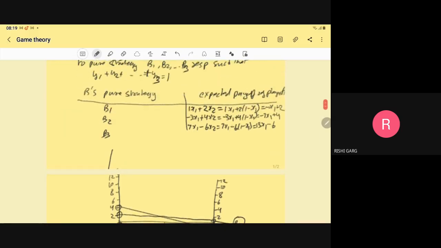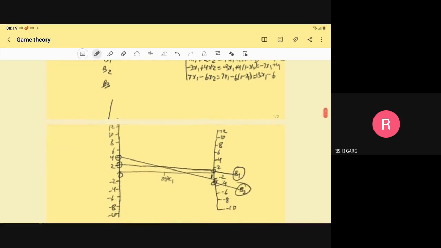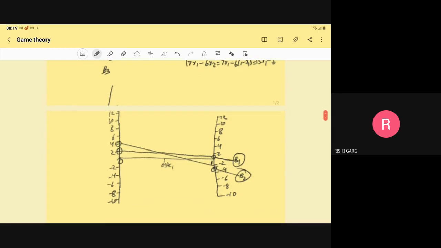Then we draw the third line, 13x1 minus 6. When x1 is equal to 0, it will give you minus 6. When x1 is equal to 1, it will give you 7.